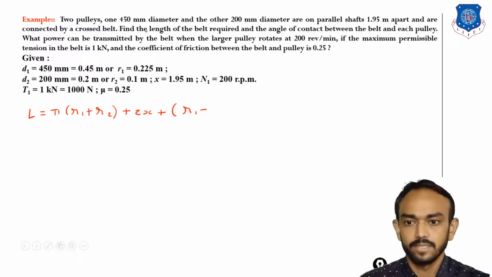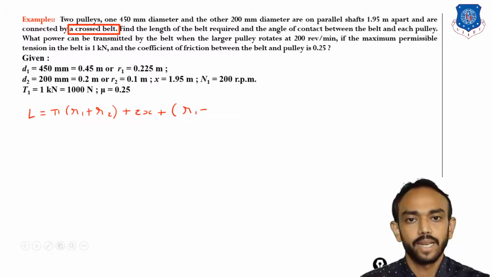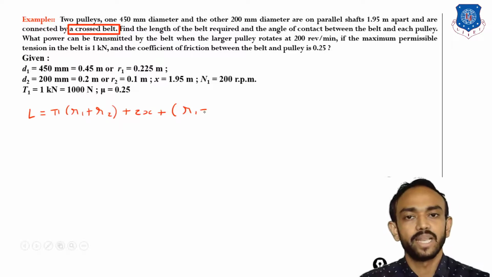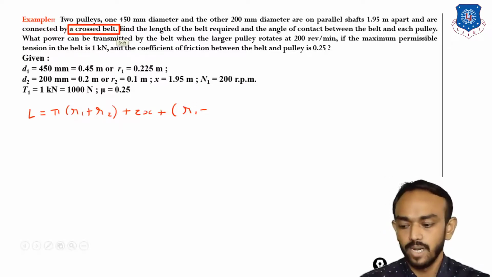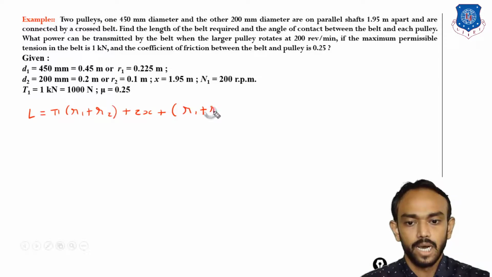You can see here, this is connected by the cross belt drive, so we have to take positive here. If this is an open belt drive, this will be negative, R1 minus R2, but it is a cross belt drive, so we will take positive (R1 plus R2) whole square divided by X.